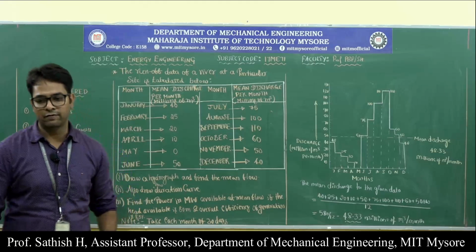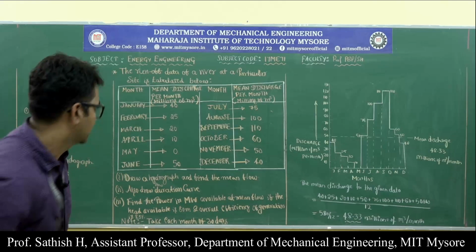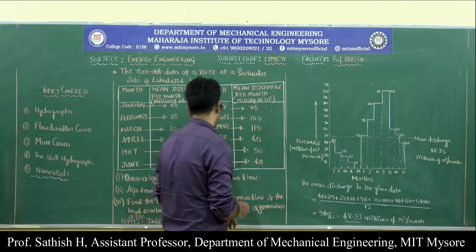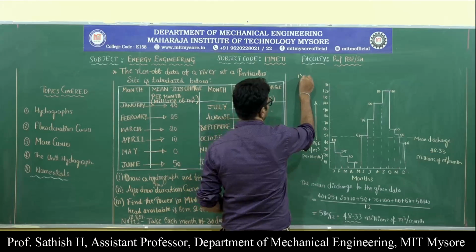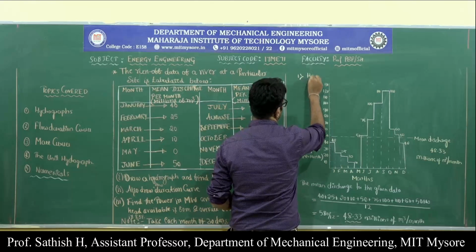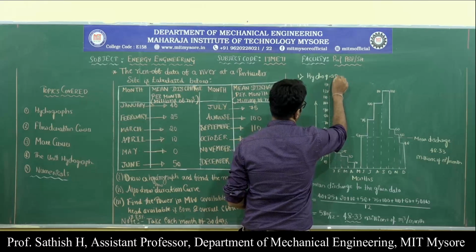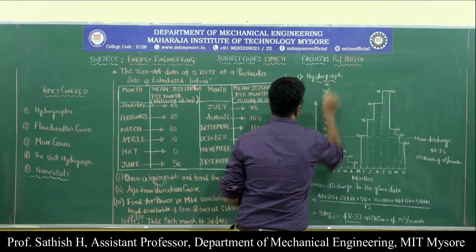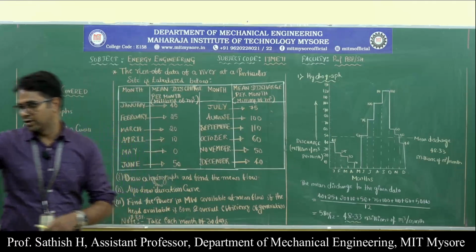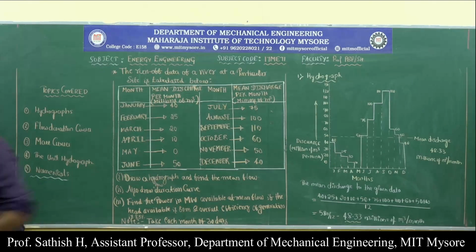Coming to the first sub-question, that is, draw a hydrograph and find the mean flow. I will name this as hydrograph. What we have done here is drawn a graph.